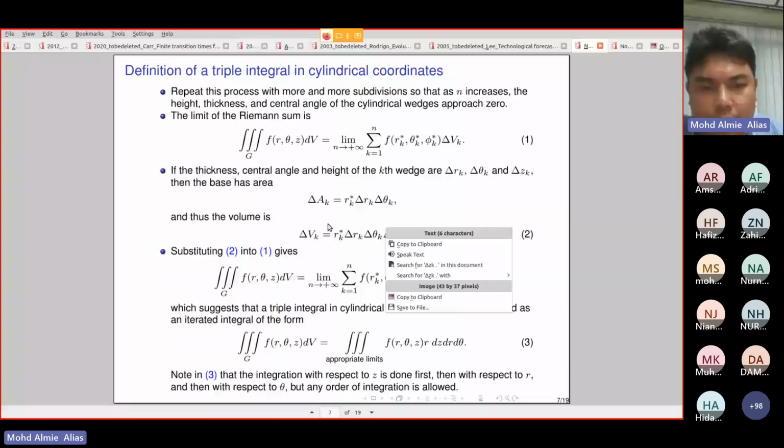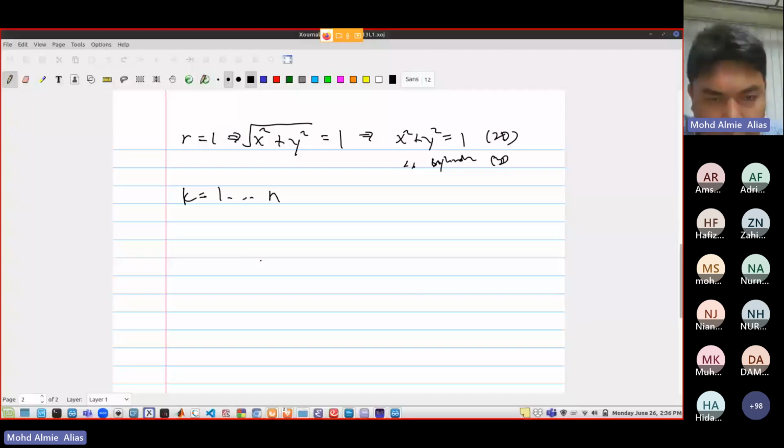Of course, just a recap. So let's say you have a rectangular box like this. So this is the base, and this is the height.